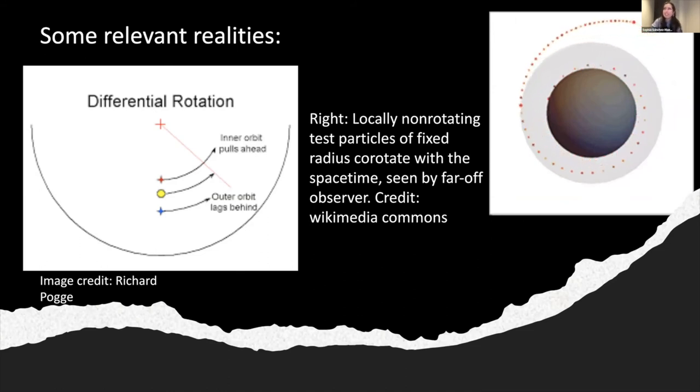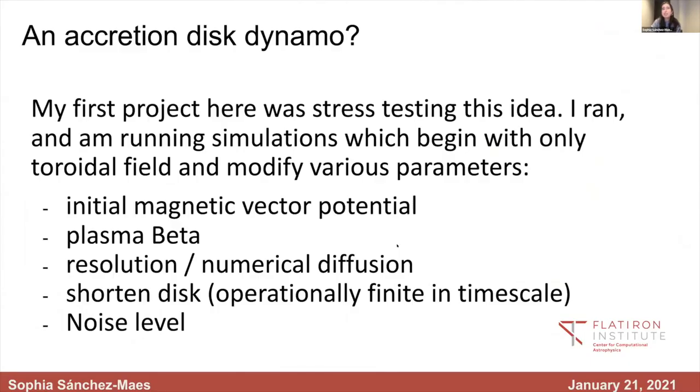As you can see in this little Wikimedia Commons simulation of the locally non-rotating little probe thingies. And that's super cool because maybe that could really be the thing that's amplifying it so suddenly when it lucks out and gets very near to the black hole. So that's something we wanted to look into.